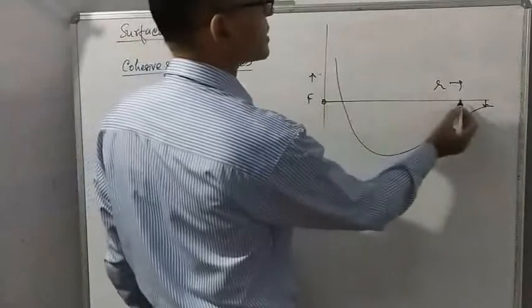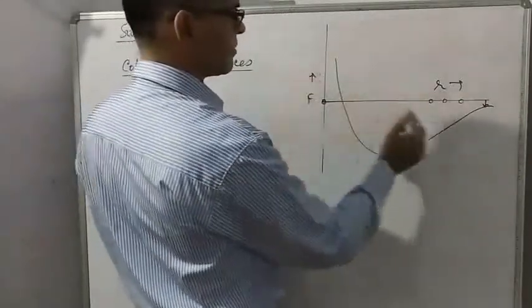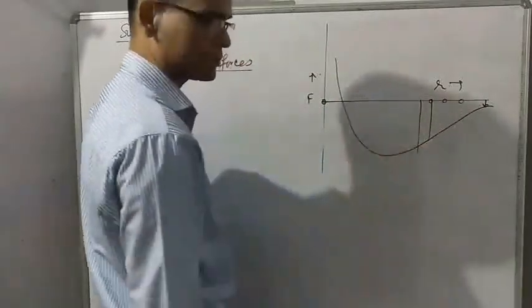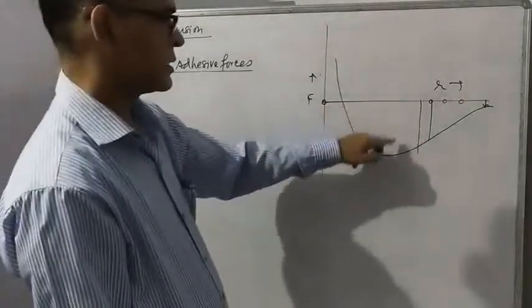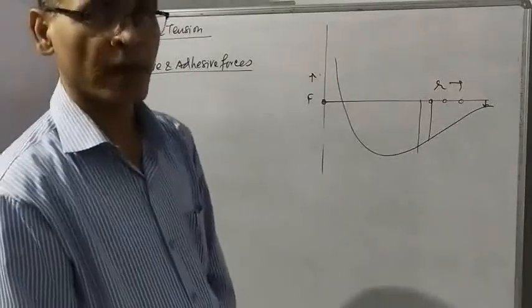But when the separation between molecules is decreasing, molecules are coming closer, intermolecular force increases. Since this force is increasing on the negative side, it is a force of attraction.